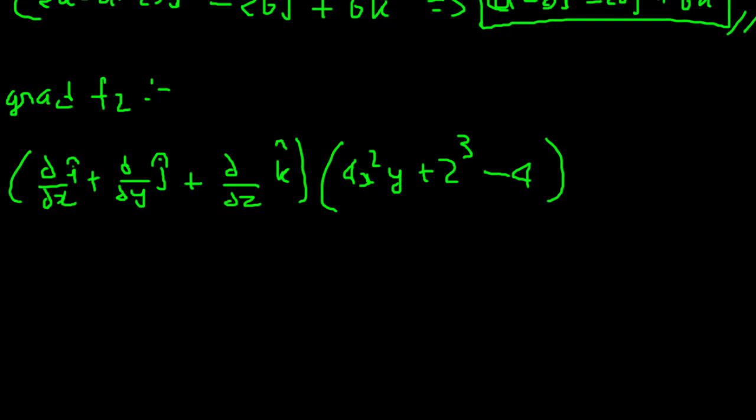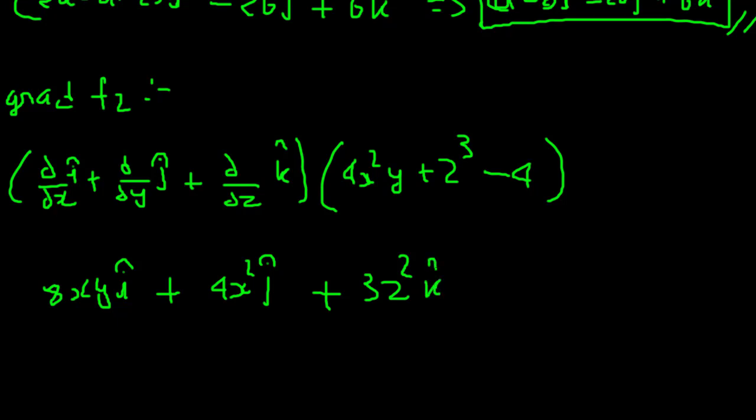When we partially differentiate with x, it will be 8xy i cap. With y, it will be 4x square j cap. With z, it will be 3z square k cap.